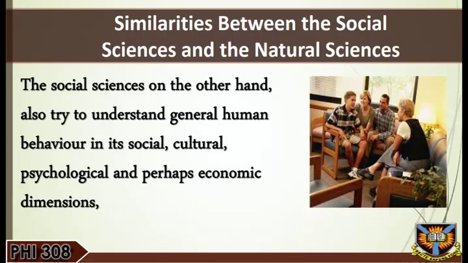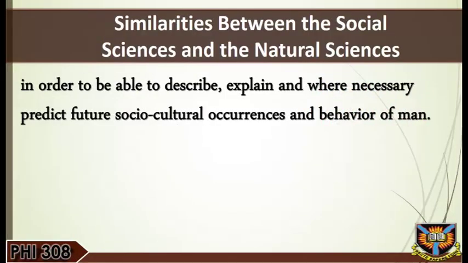The social sciences, on the other hand, also try to understand general human behavior in its social, cultural, psychological, and perhaps economic dimensions, in order to be able to describe, explain, and where necessary, predict future socio-cultural occurrences and behavior of man.